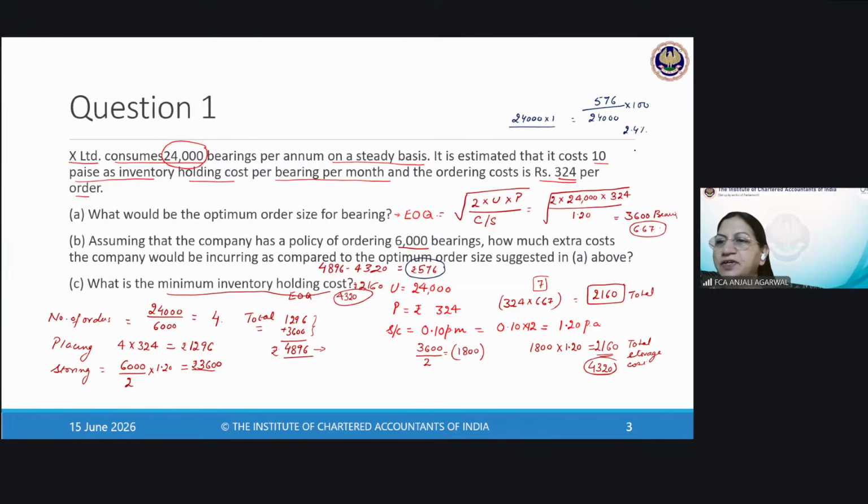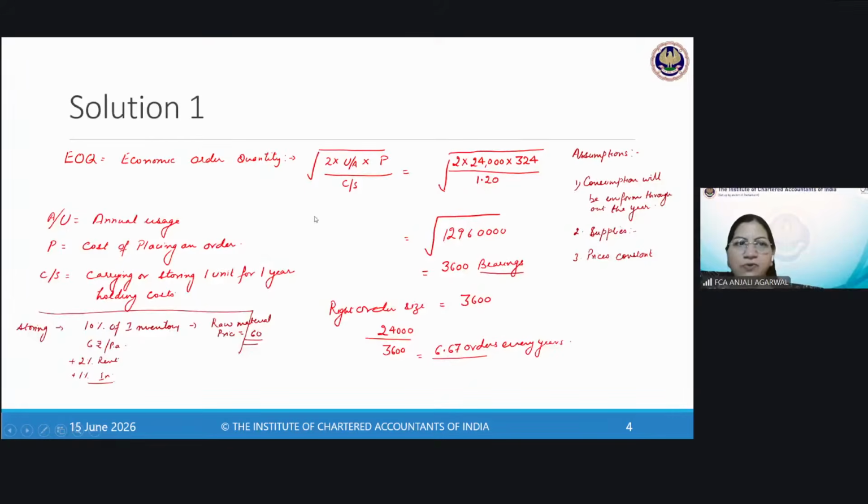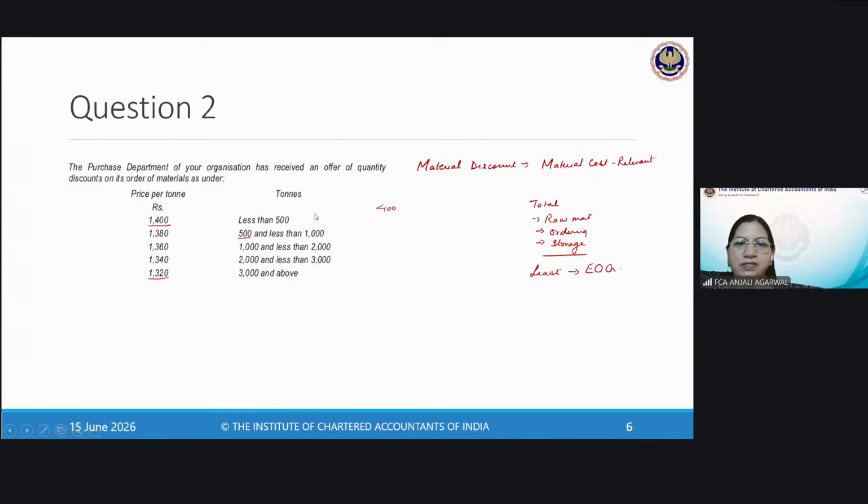So if the vendor is ready to offer me the units for 0.976 rupee per unit bearing, I might shift from 3,600 bearings to 6,000 bearings. So I must get a discount of at least 2.4%. So the raw material price should not be 1 rupee, it should be 0.976. So I hope EOQ and this concept is clear.